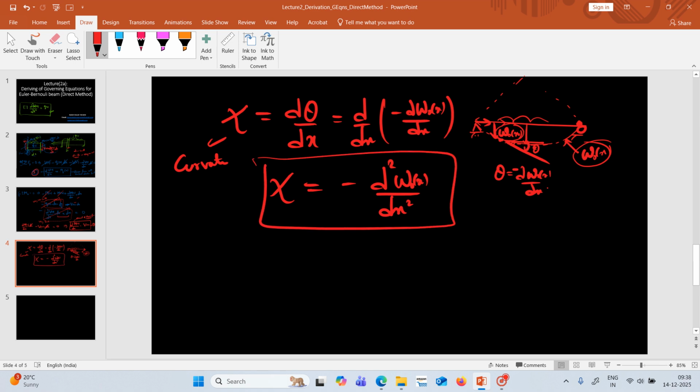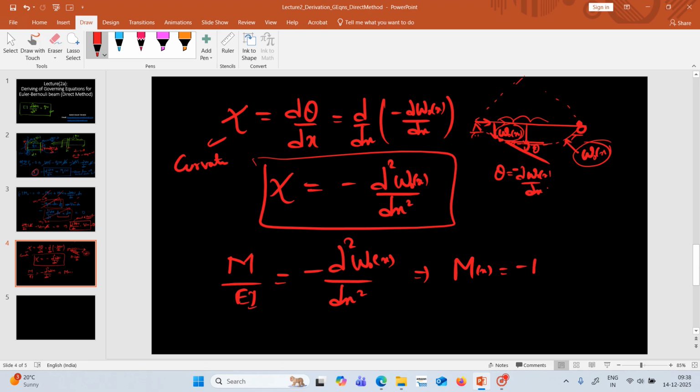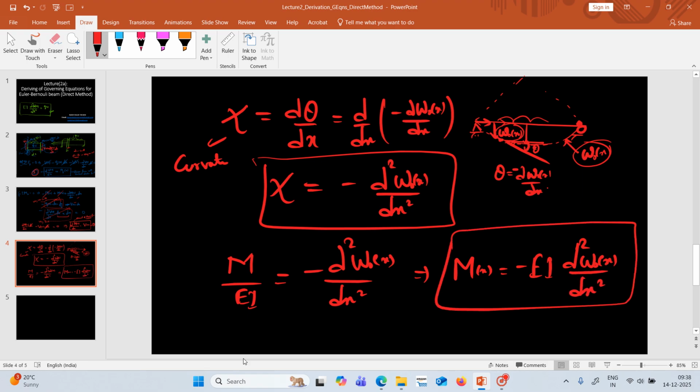The relationship between bending moment and curvature is M by EI equals minus d2 w naught of x by dx square. So the bending moment is minus EI d2 w naught of x by dx square. This is the relation between bending moment and curvature, equation 3.